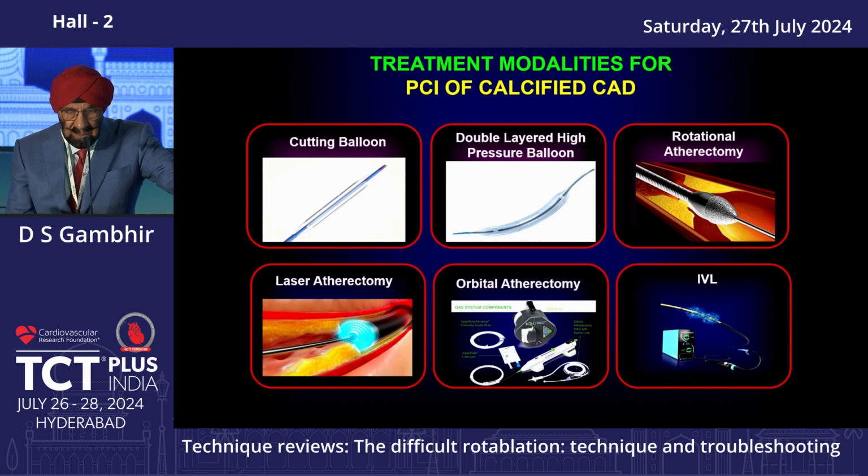So there are several techniques which have evolved over the past 4 decades to treat patients with highly calcified coronary artery disease. But I would say emphatically that the largest experience, and possibly one of the most user-friendly, is with rotational atherectomy. I say user-friendly because I have a very large experience, but it needs some learning curve.